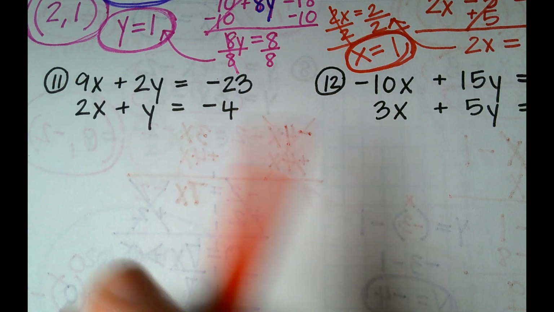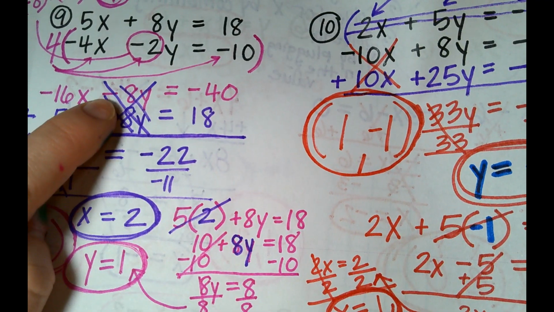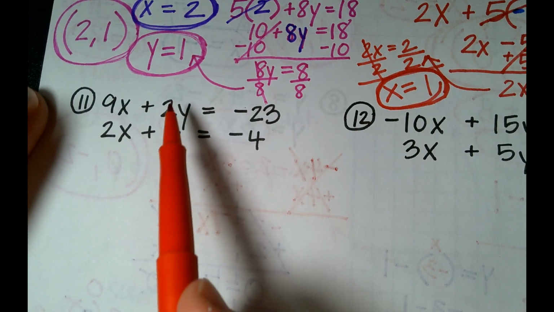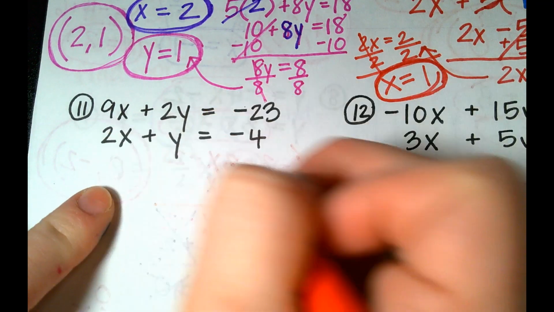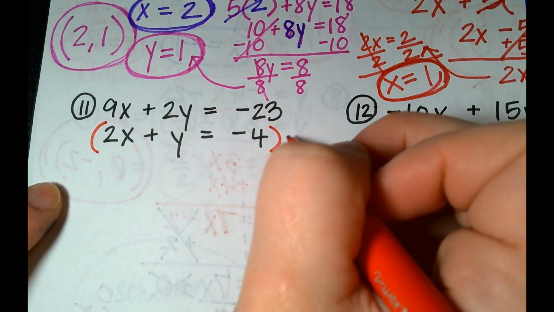Negative 2. In all of these other problems, we have negative 8y, positive 8y. Over here, we had negative 10x, positive 10x. Now we have positive 2y. We need a negative 2y. So what do I need to multiply everything by? Negative 2.